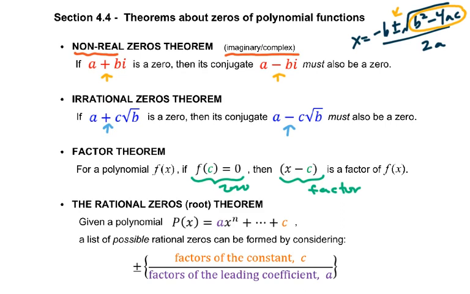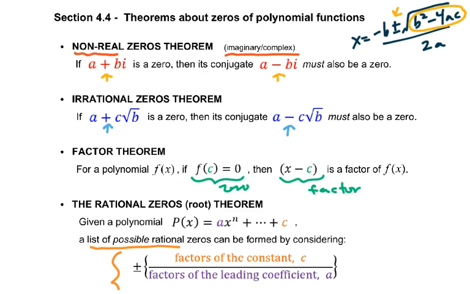However, testing random numbers could be rather tedious because how many numbers exist? There are infinite numbers. So what the rational zeros theorem does for us is it narrows it down to a list of possible zeros. So instead of having infinite numbers to choose from, maybe we have 20. Right? And you're going, oh, Miss Stein, 20, that's a lot of numbers. Well, compared to infinite, it's really a microscopic quantity.